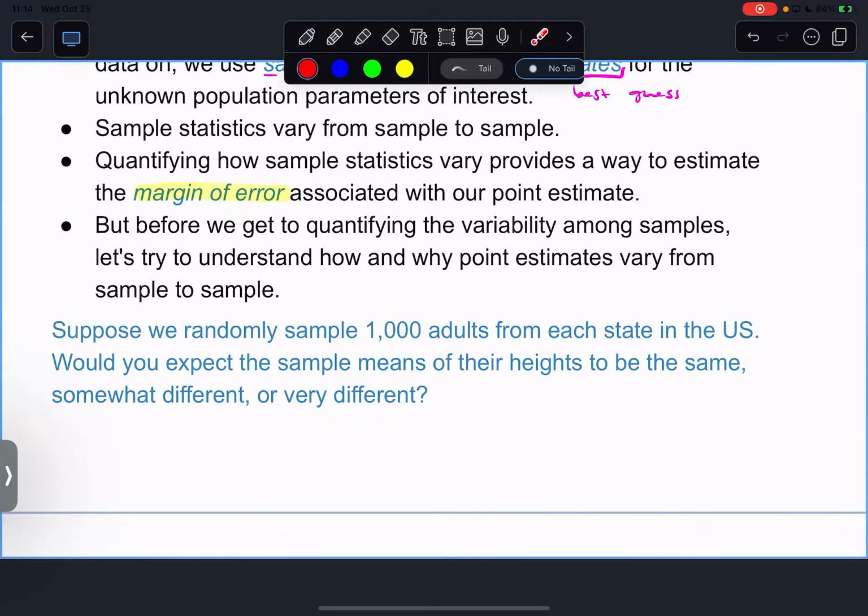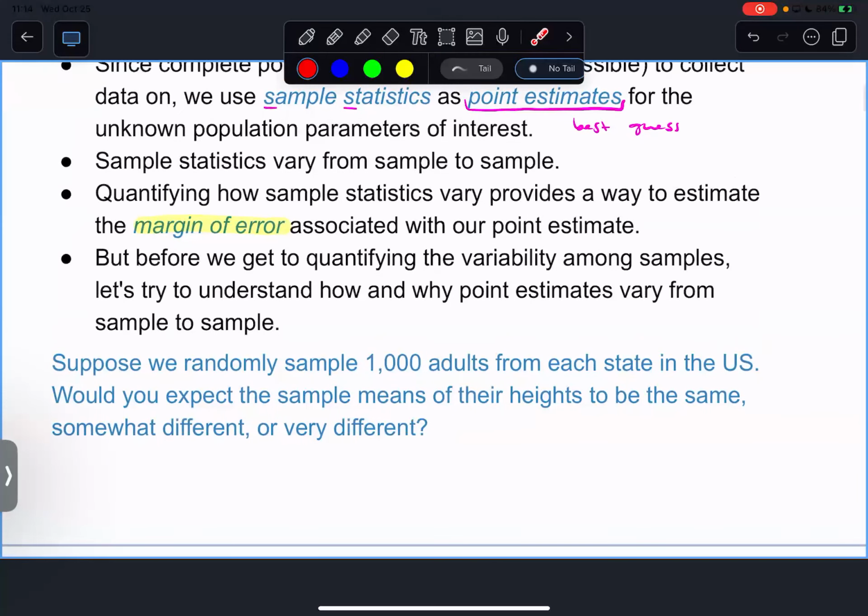One of the ways that I describe the margin of error is as a buffer. So now I've got this kind of width on my point estimate.